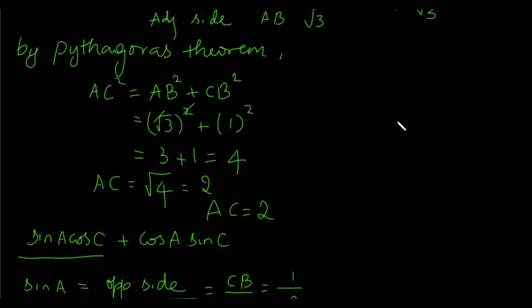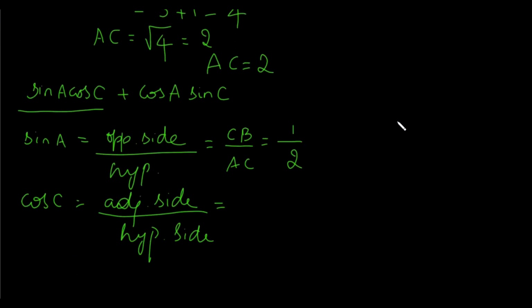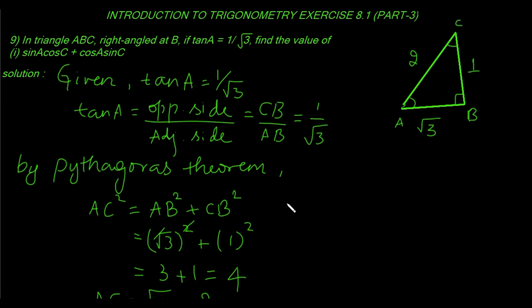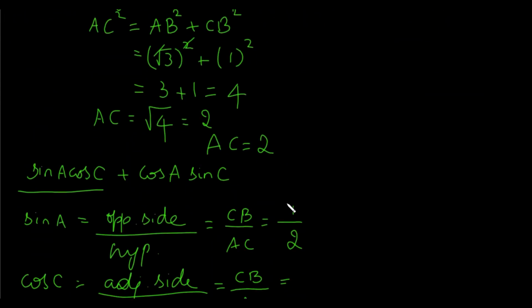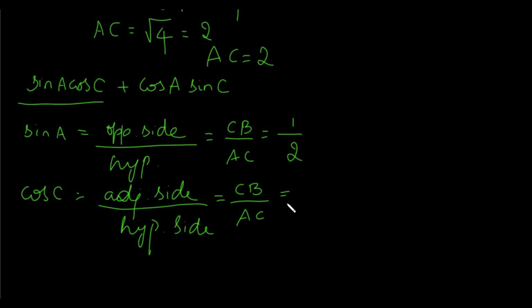So let's write it: side CB divided by the hypotenuse side AC. The value of CB is 1 divided by the hypotenuse side, that is 2. So it's going to be the same as we found, 1 divided by 2.